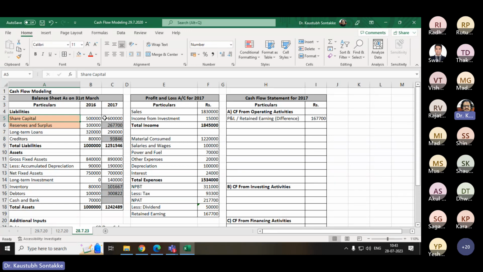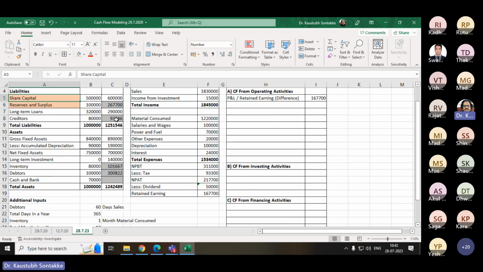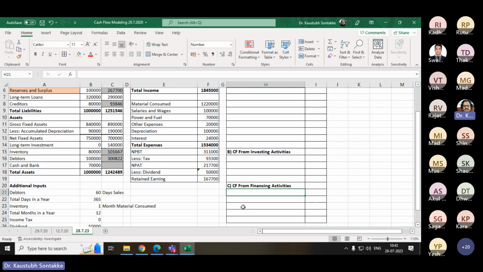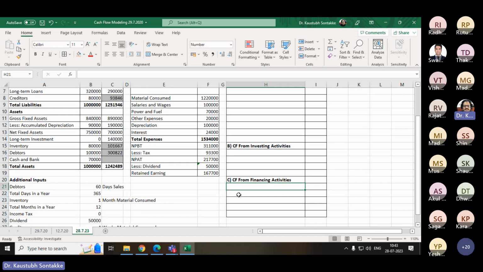So there is an increase in share capital from 2016 to 17, which is cash inflow. But that is cash flow from financing activity because it is an increase in share capital. So go to point number C in the cash flow statement and write issue of share capital.